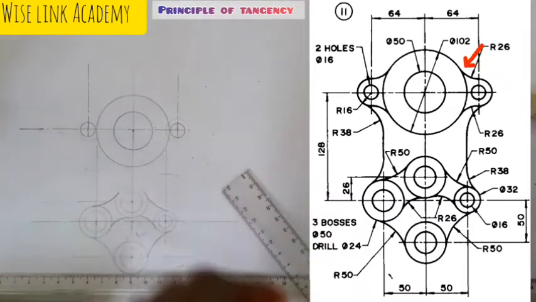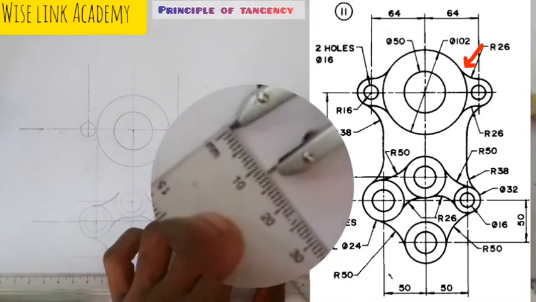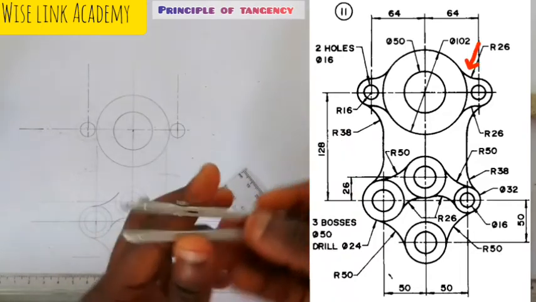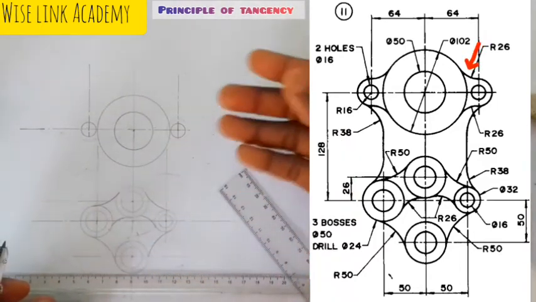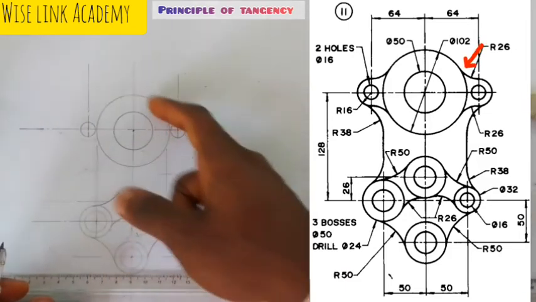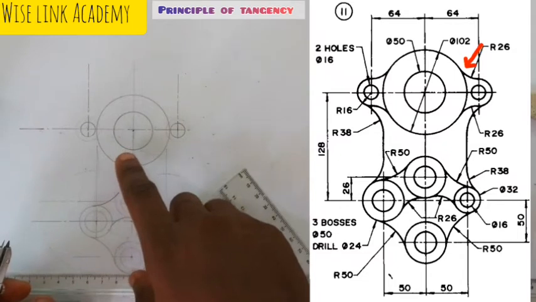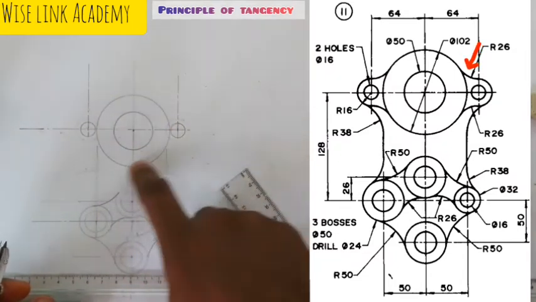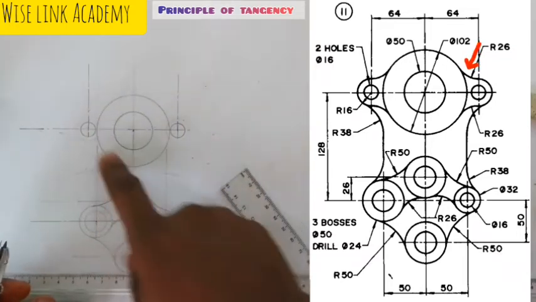13. So measure 13. From this point to this point is 13, right? So the result is 13, right? So I will simply add 13 with the diameter I used here. Initially, I'm having 50. The diameter I use here is 51. So half of 51, we use 20.5 to draw this bigger circle.